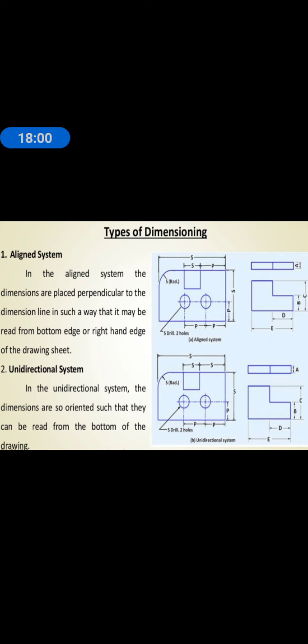In the aligned system, the dimensions are placed perpendicular to the dimension line in such a way that they may be read from the bottom edge or the right hand edge of the drawing sheet. In the unidirectional system, the dimensions are oriented such that they can be read from the bottom of the drawing.